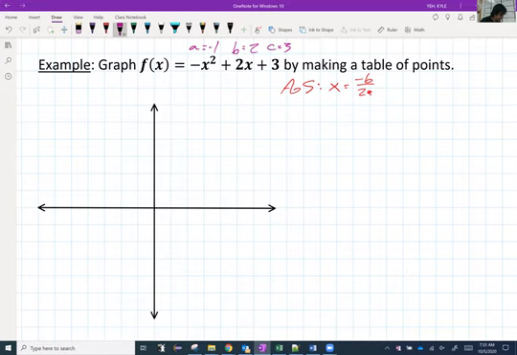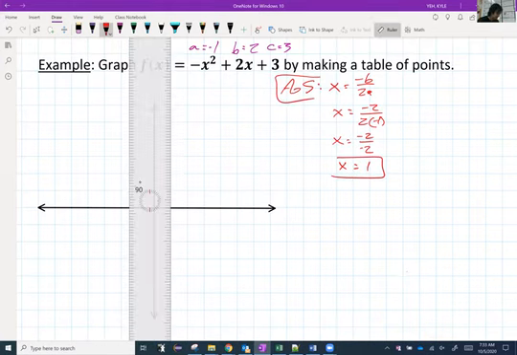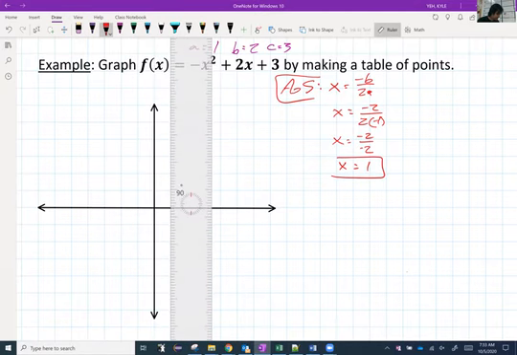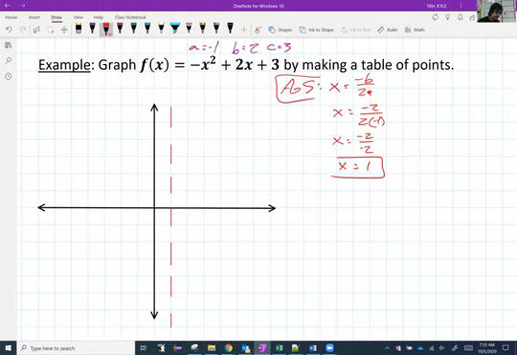So axis of symmetry, x equals negative 2 over 2 times a, which was negative 1. X equals negative 2 over negative 2, x equals 1. That is my axis of symmetry, and I'm going to go ahead and fill that in. Because now I know where I need to mirror things around. I need to mirror them around this axis.